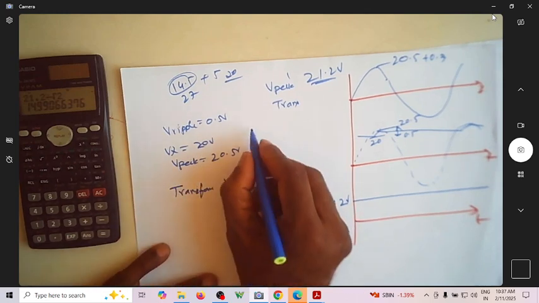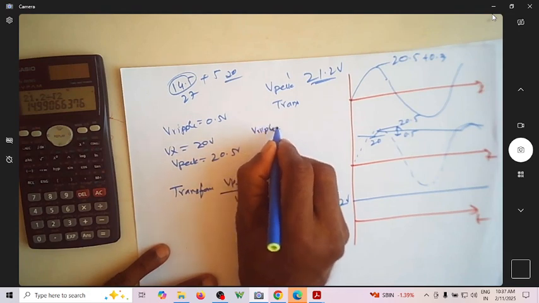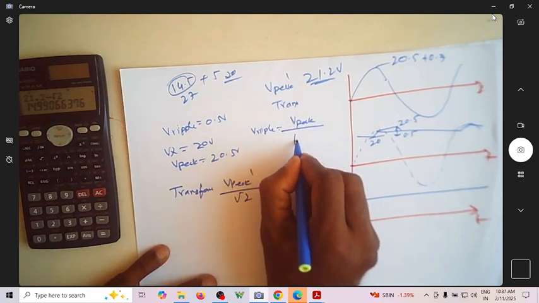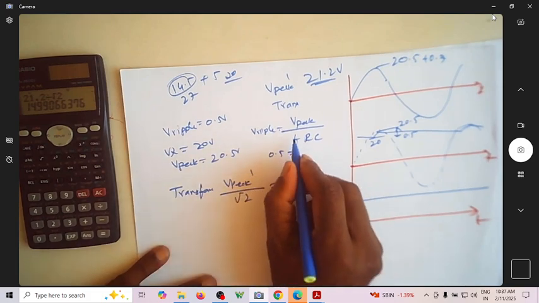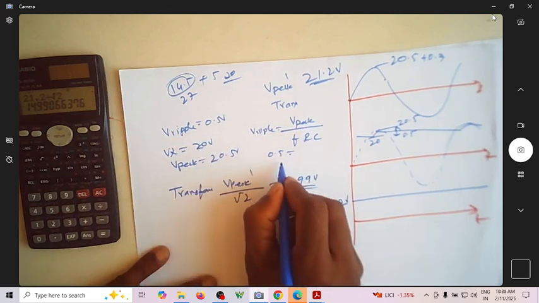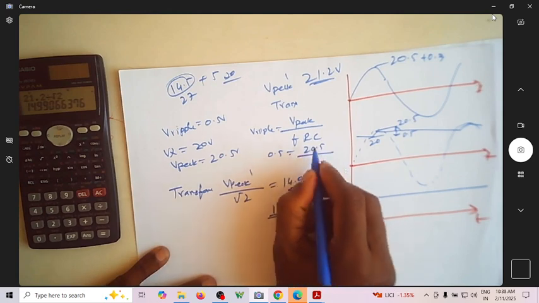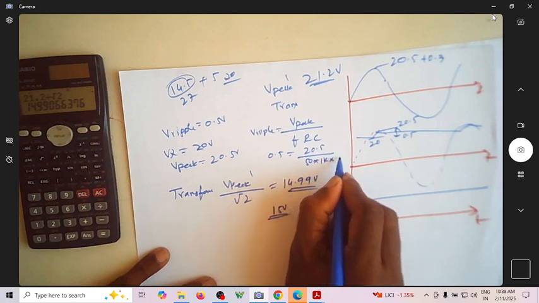Then how much is the value of C? You know that V ripple is equal to V peak by FRC. So V ripple is 0.5, V peak is 20.5, and this is 50 into 1K into C value.